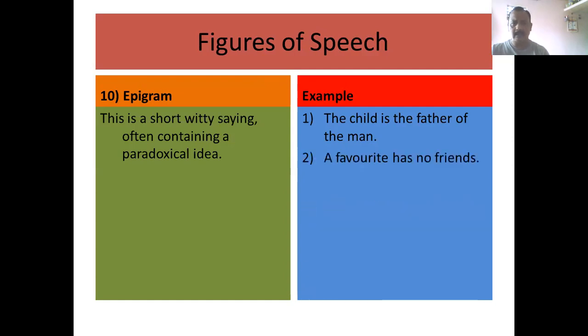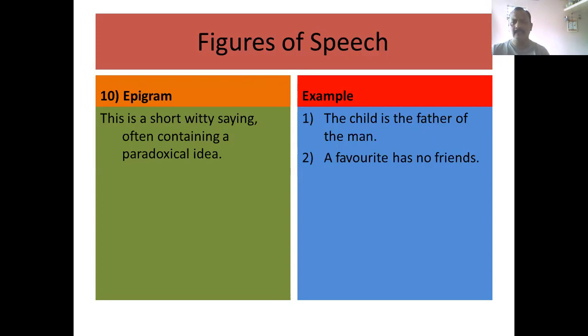Then another example: "A favorite has no friend." Suppose you take the example of Sachin Tendulkar. He is a great favorite. But does he have a close friend? You will find that no. Because millions of fans or friends are there, how can Sachin make friends with anyone?